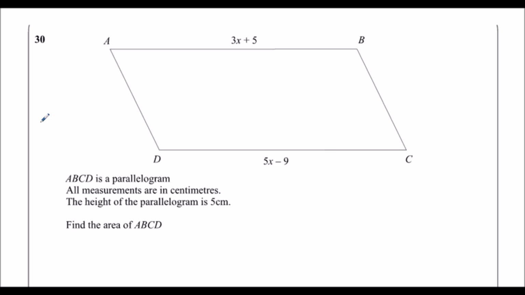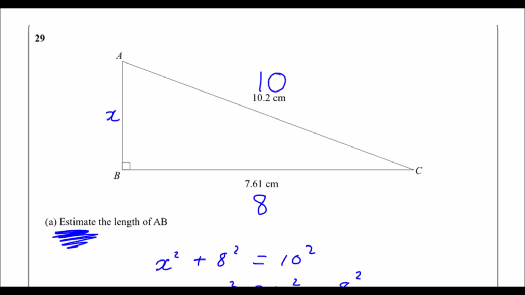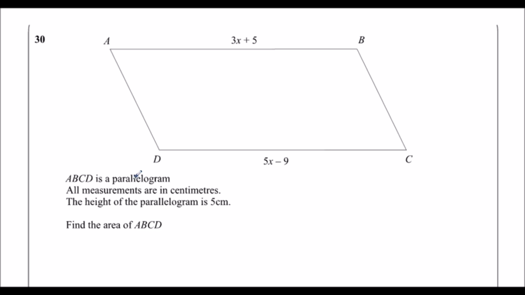Question 30. ABCD is a parallelogram. Everything's in centimeters. The height is 5 centimeters. Find the area.